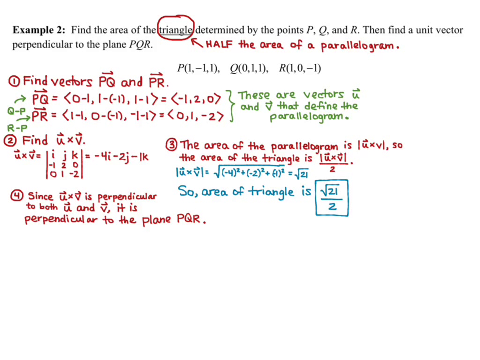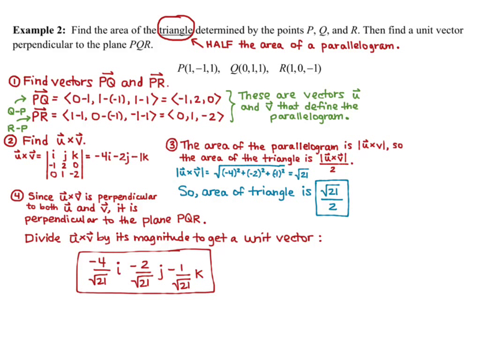Divide by its magnitude to get a unit vector. So we already know its magnitude is square root of 21. So I'll have negative 4 over root 21 i minus 2 over root 21 j minus 1 over root 21 k. And that's a unit vector perpendicular to the plane PQR.